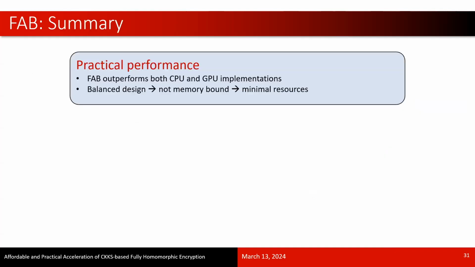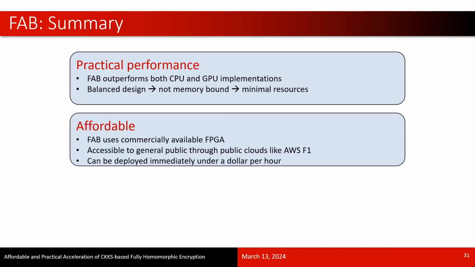To summarize, the performance, cost, and flexibility of FAB suggest that FPGA provides a sweet spot for FHE acceleration, and FAB significantly outperforms both CPU and GPU implementations of FHE while achieving a balanced design.